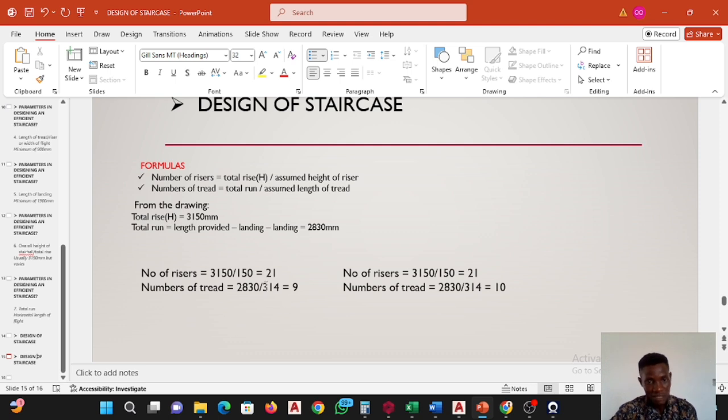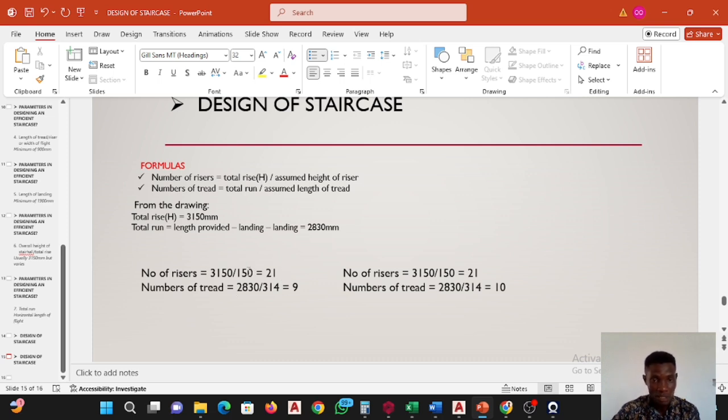I can even decide to use 160 instead of this 150. Once this 150 and 314 works, it is perfect. I said the minimum thread should be 250 and we are having 314, which is more than 250, so it is sufficient. That's how to design a stair. It's very easy.